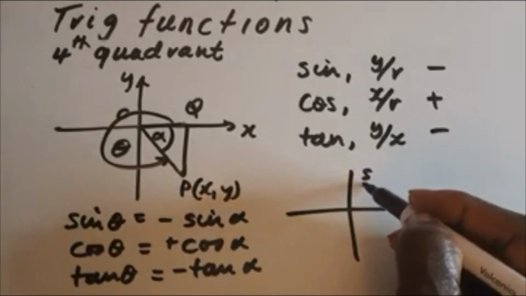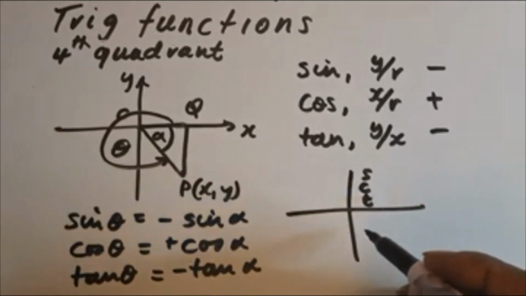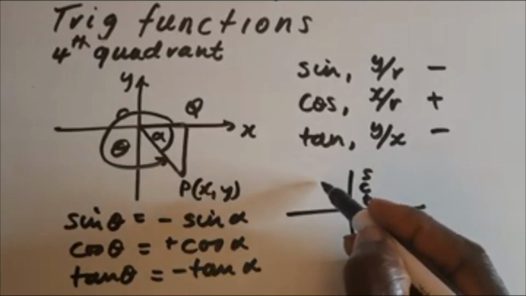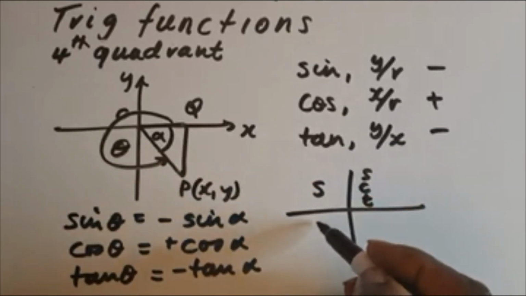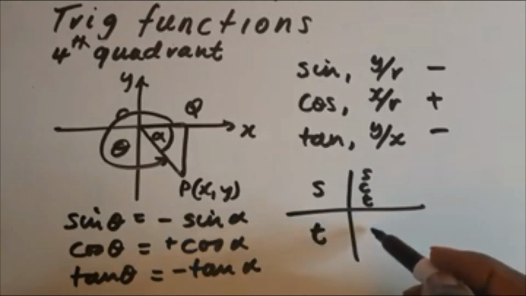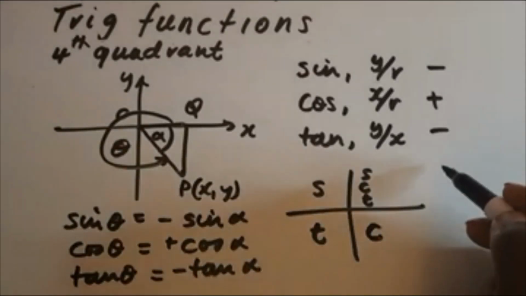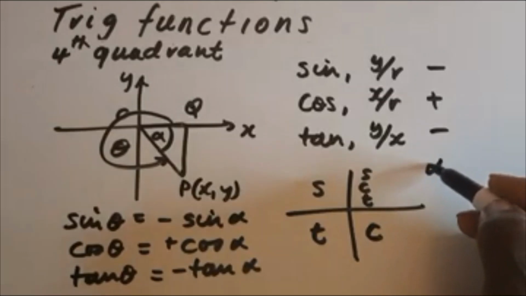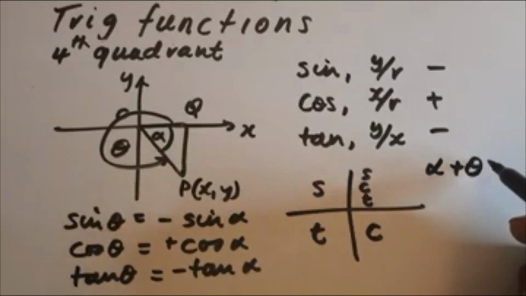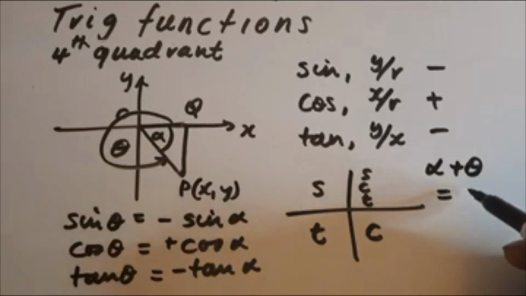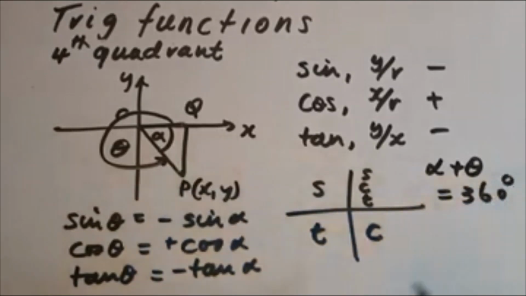First quadrant, all positive. Second quadrant, sine. Third quadrant, tan. And fourth quadrant, cosine, all positive here. And let's rewrite that alpha and theta is equal to 360 degrees.